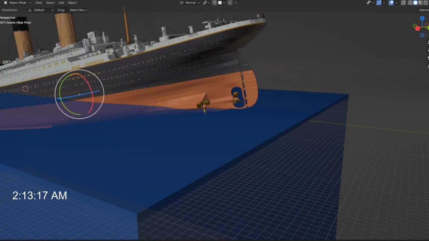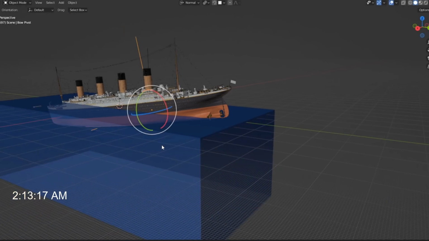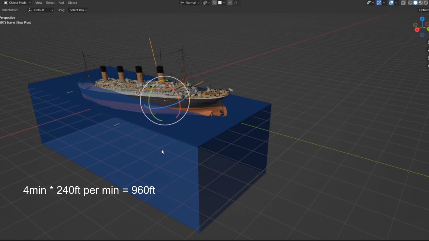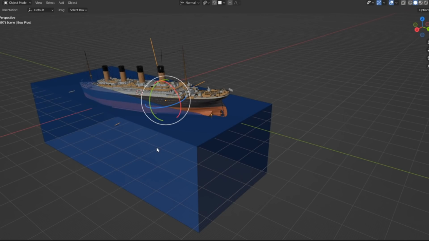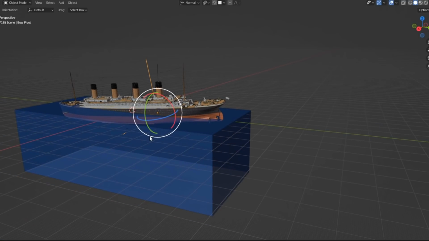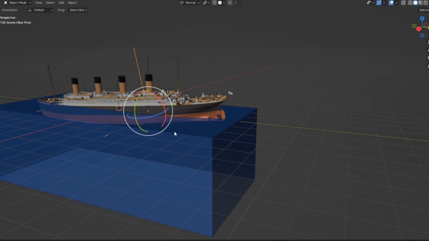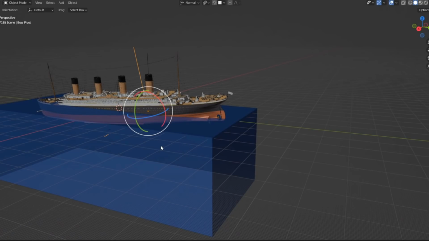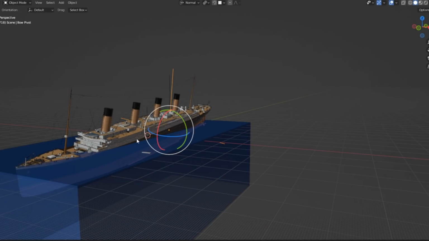This would only give Boat 2 4 minutes to row away before the ship broke, and they would have been able to row only an approximate 960 feet in that time, which is well under those estimates that those on board gave. If we were to go back to 2:03 a.m. and change this to where the propellers are now out of the ocean, then that messes up the simulation.